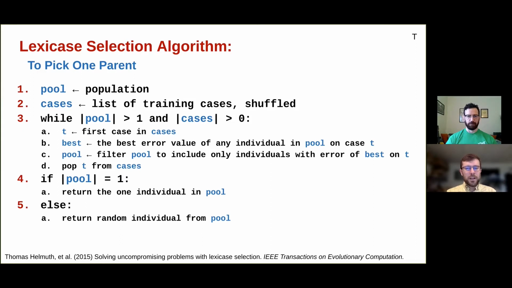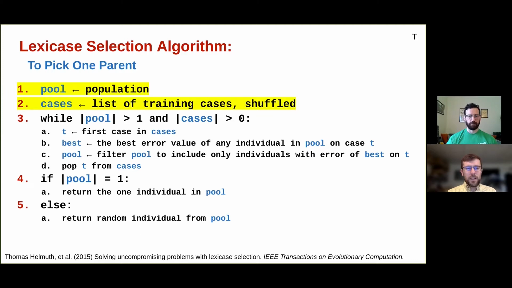And so the Lexicase selection algorithm starts by taking the entire population. We're going to call that the pool or the selection pool. The way that the algorithm works is that we start with the entire population and whittle it down to either a single individual or a small number of individuals by the end of the algorithm. And so that's that pool.